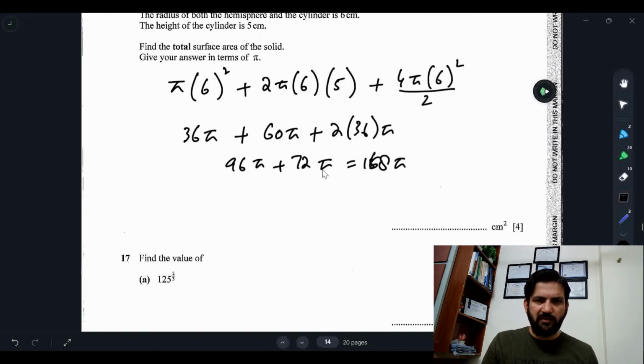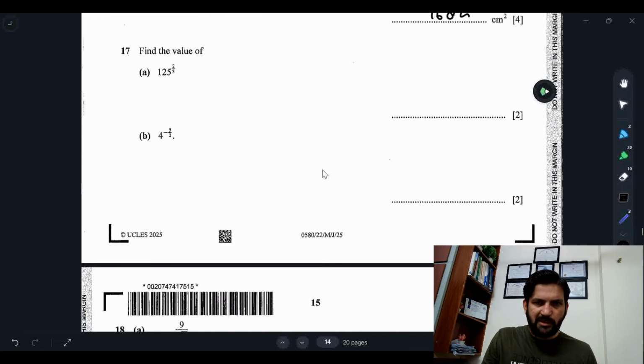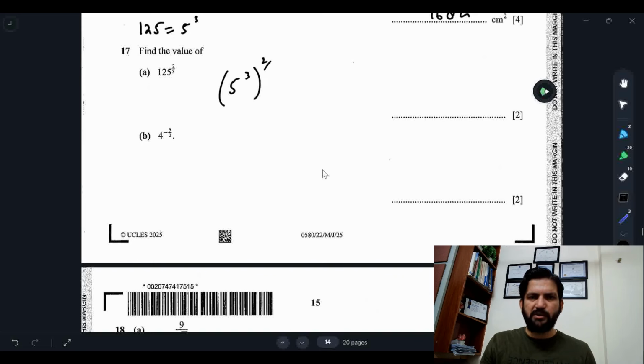Now for question number 17, we can write 125 is equal to 5 cube. So just write it as 5 cube. Whenever we have power on power, this is the basic rule of indices, we can multiply it. So this should be 5 square, which means 25. 25 should be the final answer.